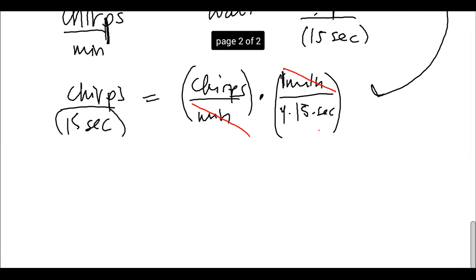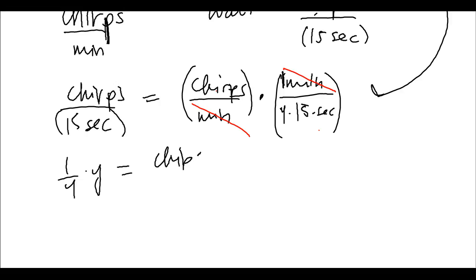Okay, so this tells me that 1/4 times y is equal to chirps per 15 seconds. So what happens when I take this equation, y equals 4x minus 148, and I divide by 4 on both sides? I'll have 1/4 y, that's that chirps per 15 seconds.